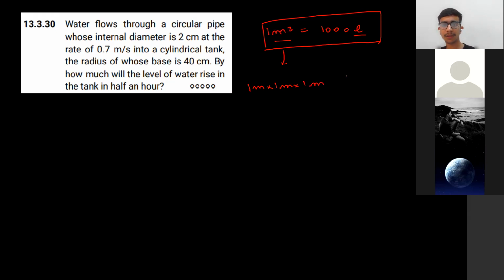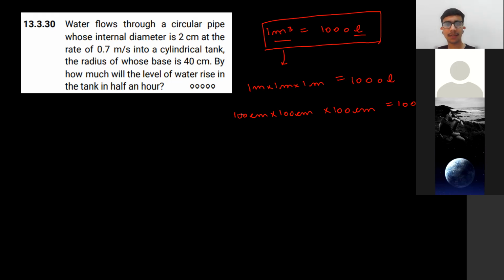Now this is equal to 1000 liters. Now you know 1 meter is equal to 100 centimeters. So that means 100 centimeter times 100 centimeter times 100 centimeter is equal to 1000 liters, and 1 liter is equal to 1000 milliliters. So 1000 liters will be equal to 1000 into 1000 milliliters.